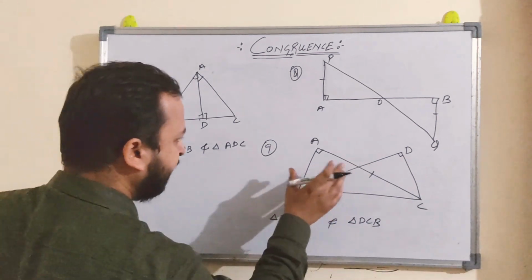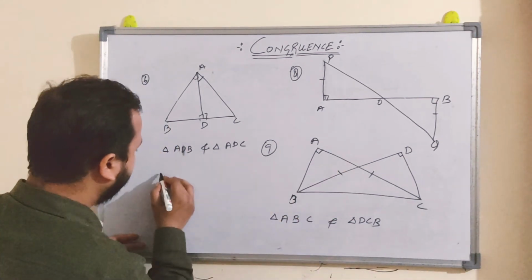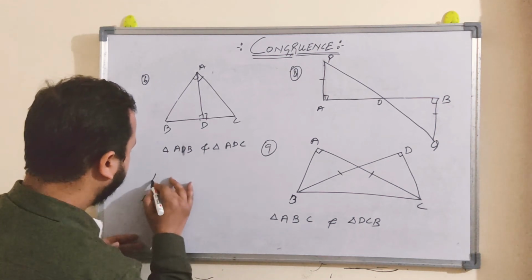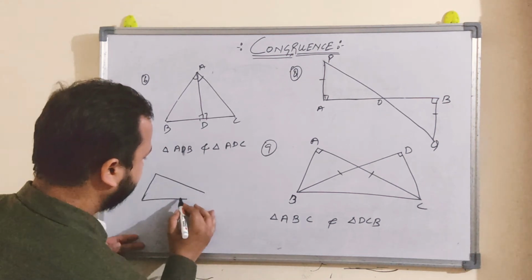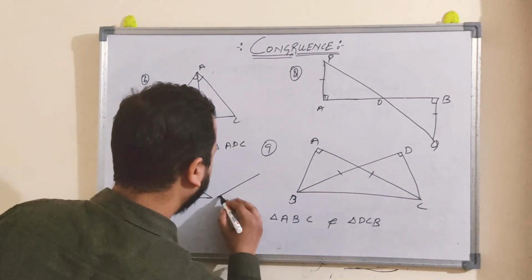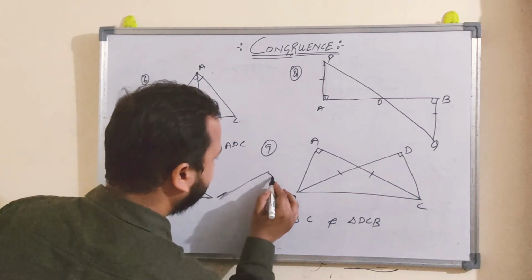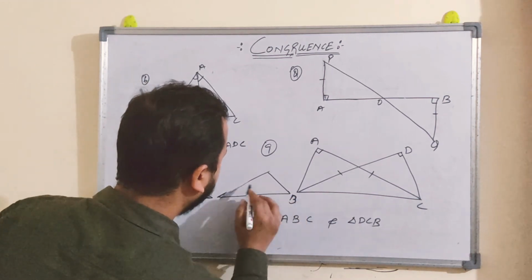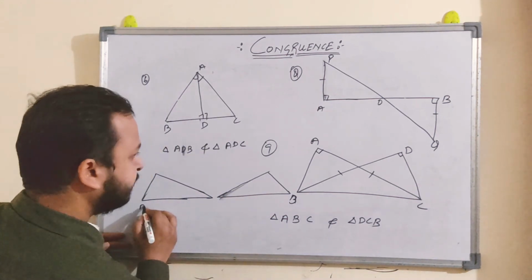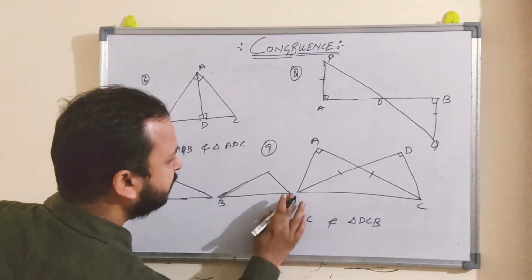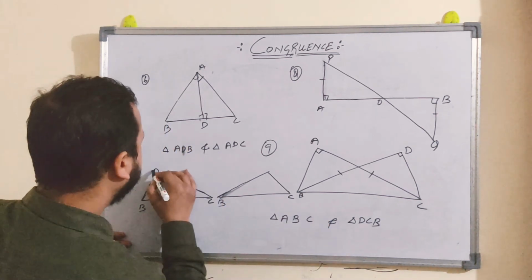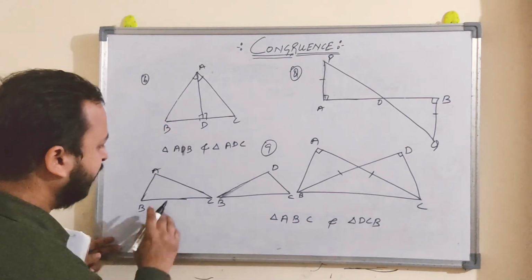If you separate these two triangles, you will get a figure like this. This is B, this is also B, this is C, this is C, this is A and this is D.